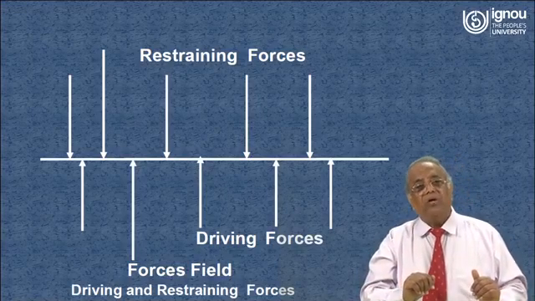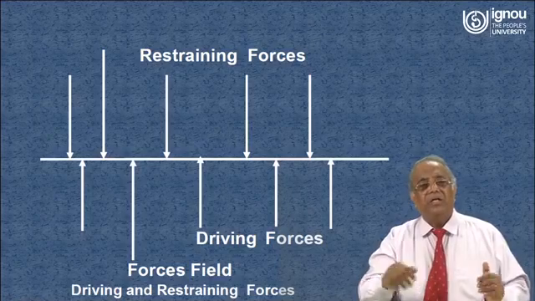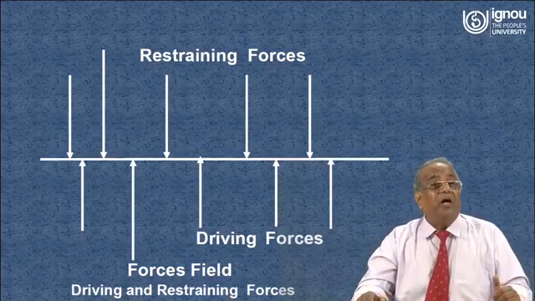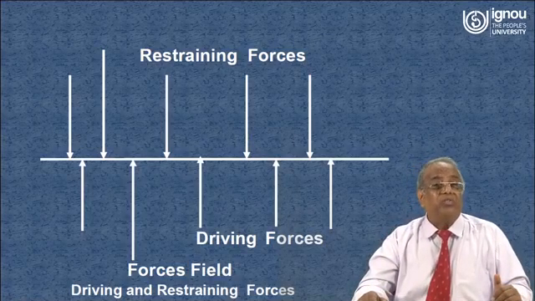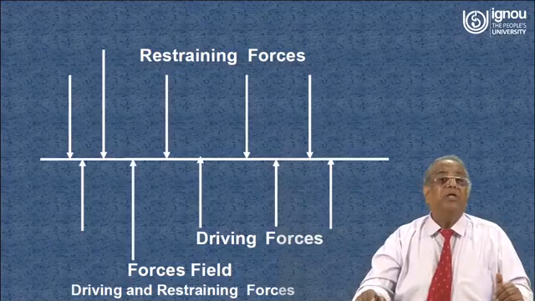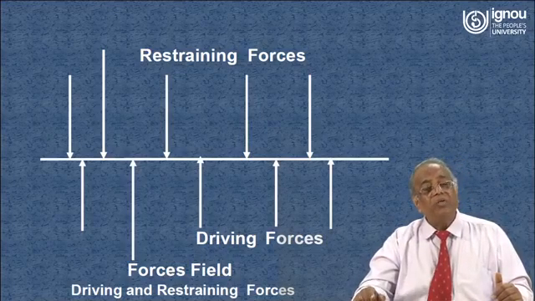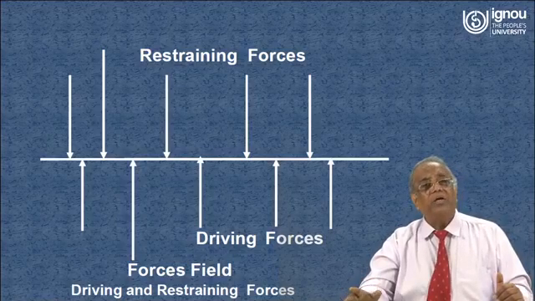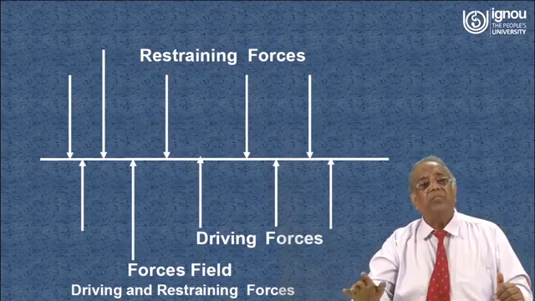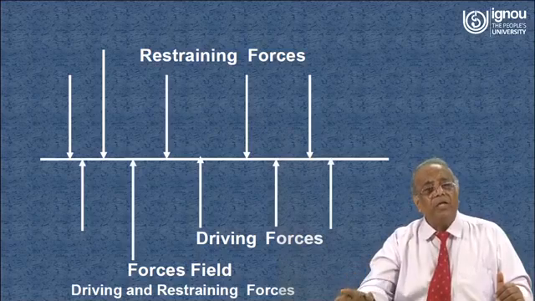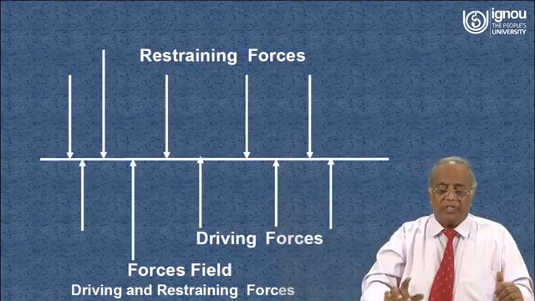So the force field says that the driving force has to be more than the restraining force in order to have changing process in any organizations, whether it is a manufacturing company or in any servicing sector.